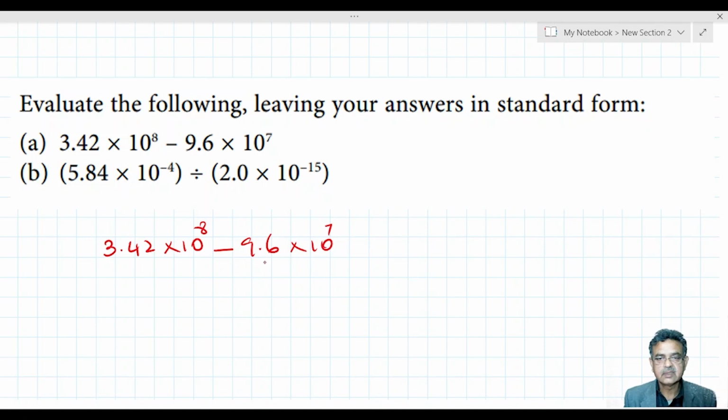Now the powers are different, and I had already suggested that the smaller power should be made equivalent to the larger one. So this is 10 power 8 minus 9.6. If we increase this power to 8, then as this value has become larger here, we will make this value smaller from here, so that will be 0.96.